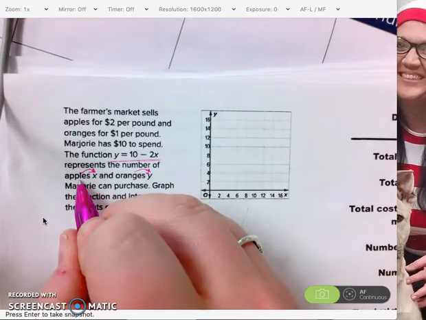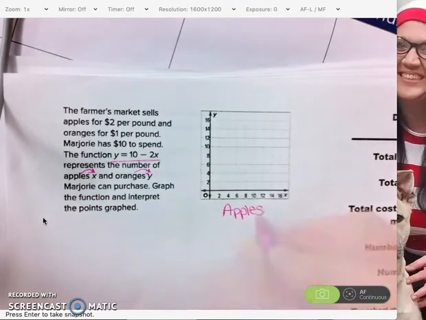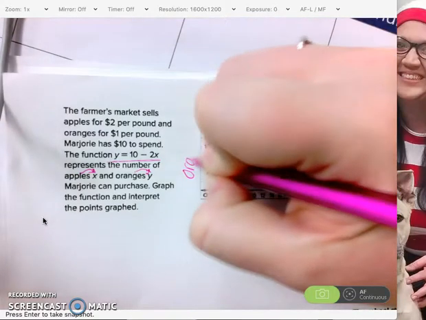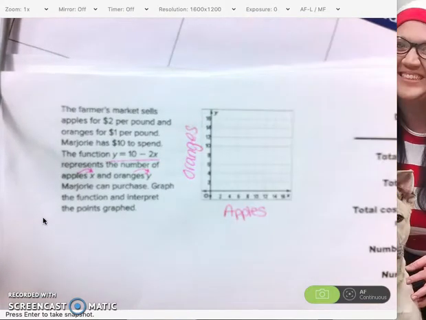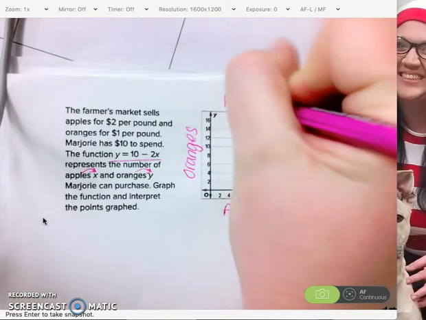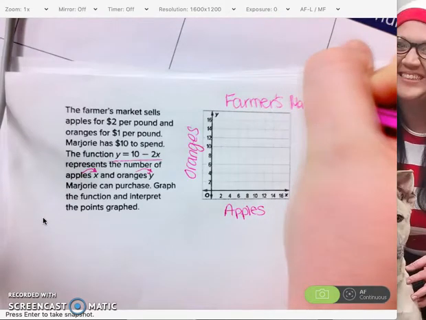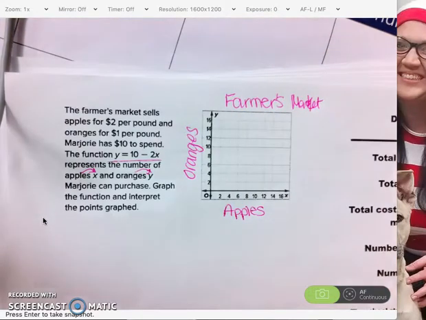So first, it gives you that apples is x, so I'm going to go ahead and label right away. Apples and oranges. And I would also not want to forget my market, my title.